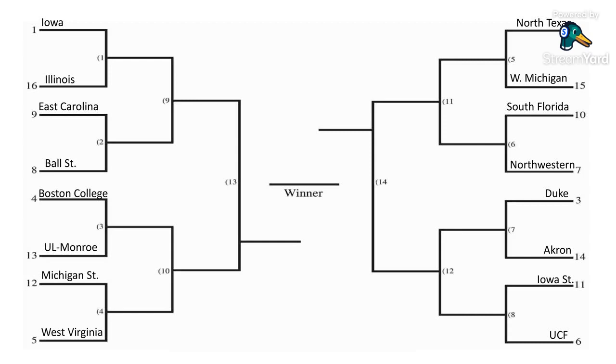Okay, so this on the left-hand side of the bracket, which is the Illinois half of the bracket. Looking at this on the screen, on the Illinois side of the bracket you're going to have the next set of games.